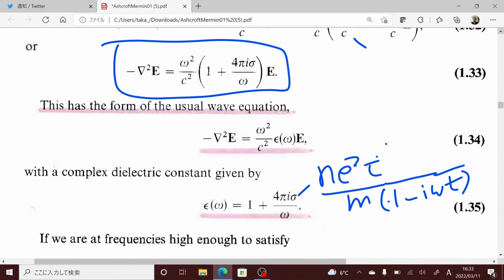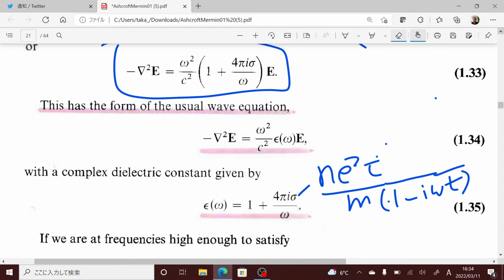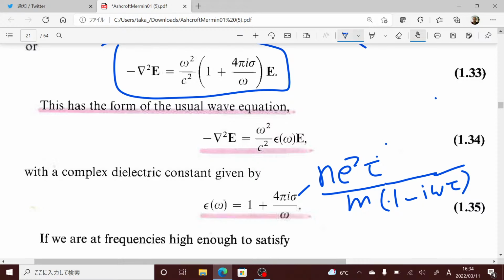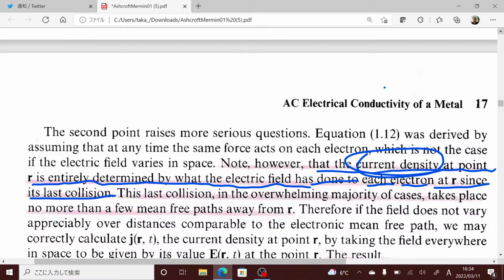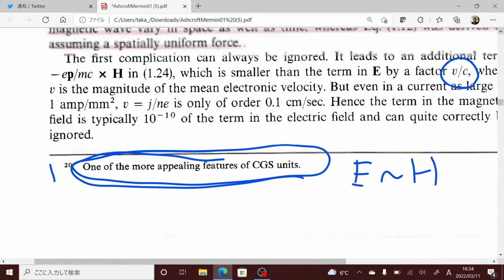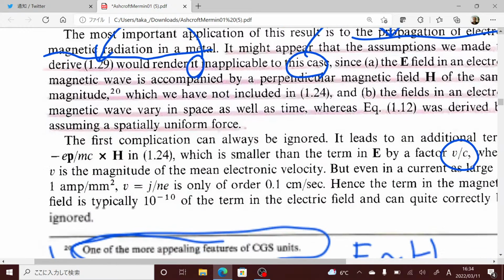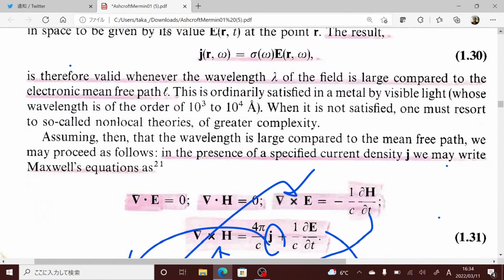This way. Omega t or omega tau? I got confused. See, this is tau, maybe. i omega tau. Okay.